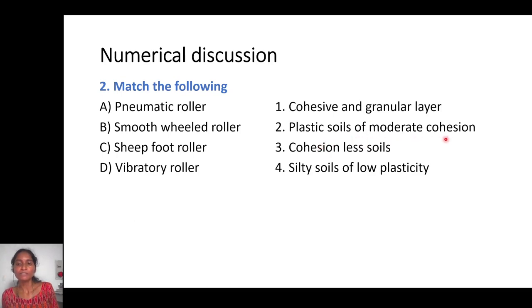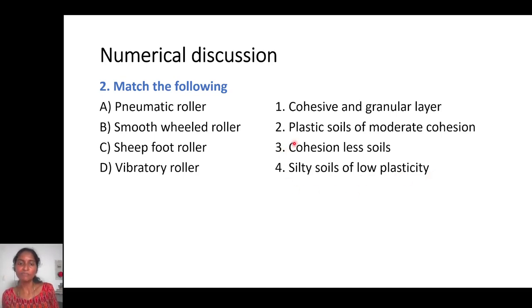Second is plastic soils of moderate cohesion. Fourth is silty soils of low plasticity. I wanted to eliminate the fourth option, silty soils of low plasticity, because they are already saying it is a silty soil. That means it is not a clay, and they have low plasticity. That means that is also not much cohesive. So it is not the fourth option.